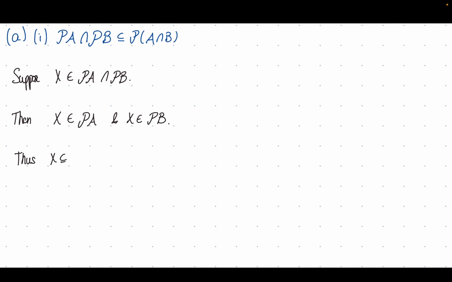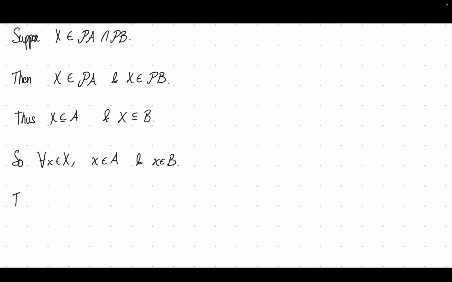Thus, X is a subset of A, and X is a subset of B. So for all little x in X, little x is in A, and little x is in B. Therefore, little x is going to be in the intersection of these two sets.